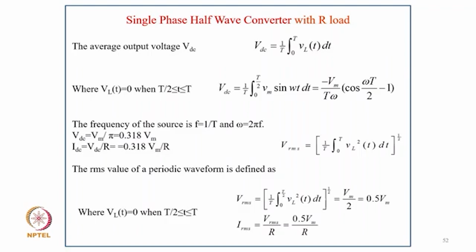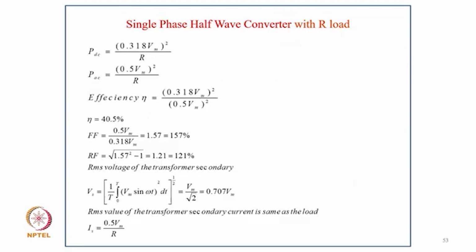The RMS value of the periodic waveform is VRMS equals (1 upon T integral 0 to T by 2 of VL squared dt) to the power half, equal to Vm by 2 or 0.5 Vm, and IRMS equals 0.5 Vm upon R.